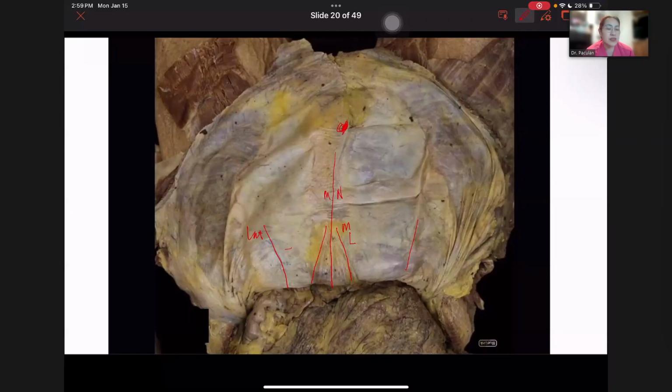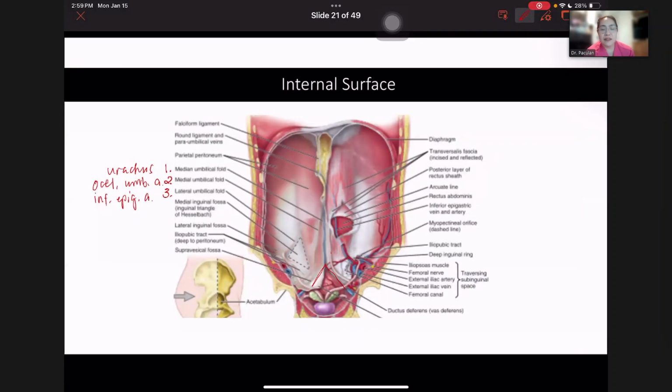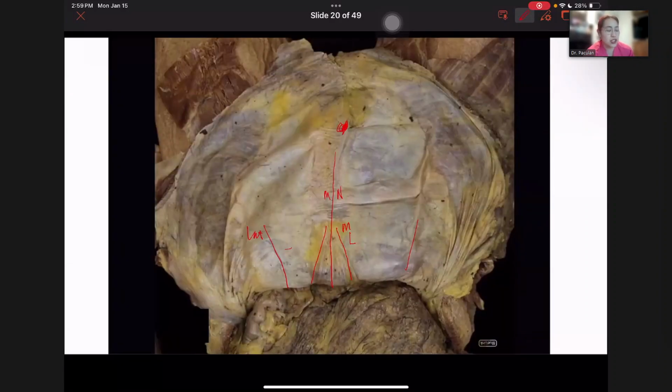So, knowing your median, medial, and lateral folds, you should also know your fossae. You have your supravesical fossa, medial inguinal fossa, and your lateral inguinal fossa. Okay? So the supraumbilical part of the internal surface of the anterior abdominal wall has a sagittally oriented peritoneal reflection.